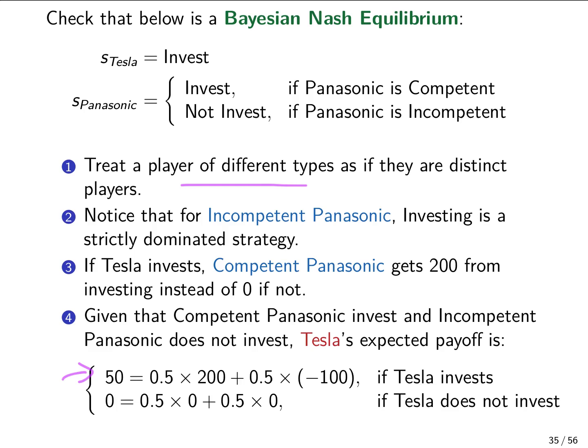We can see that the expected payoff of Tesla would be higher if Tesla invests, and therefore, Tesla is doing the best in terms of maximizing expected payoff given how Panasonic behaves. And Panasonic, as we checked before, is maximizing its payoff by choosing this strategy. Okay, so this is the Bayesian Nash equilibrium.